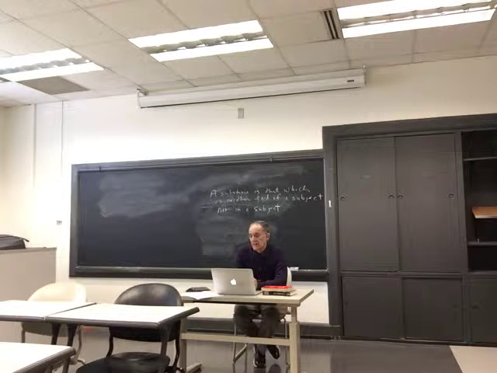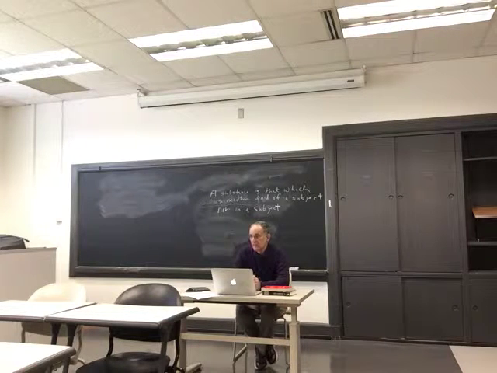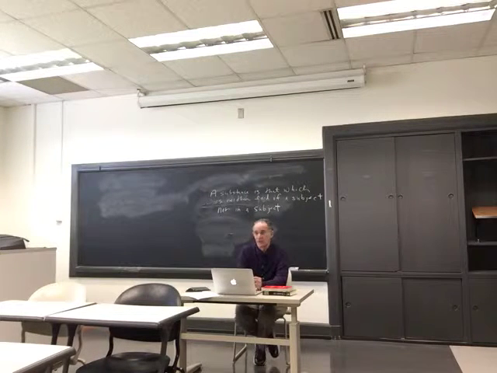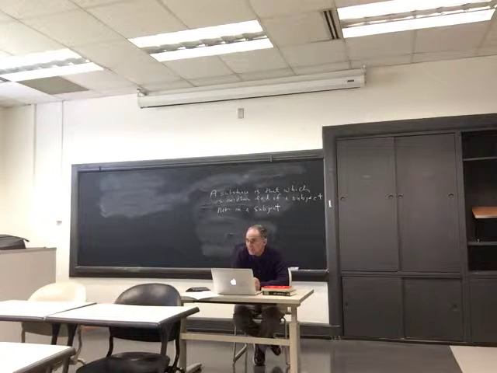So in that case, A is a species of B. Animal is a species of living thing. You can think of a species as sort of a subcategory or subclass of a more general class.